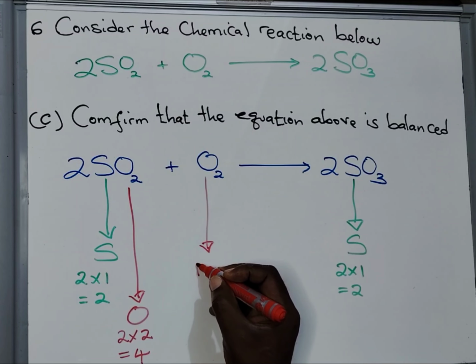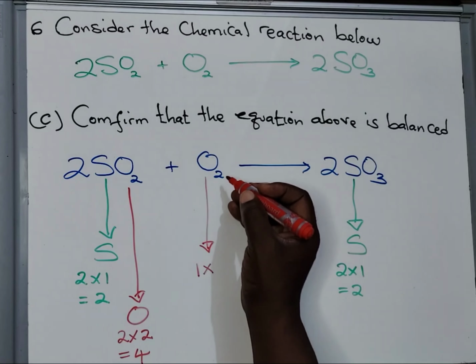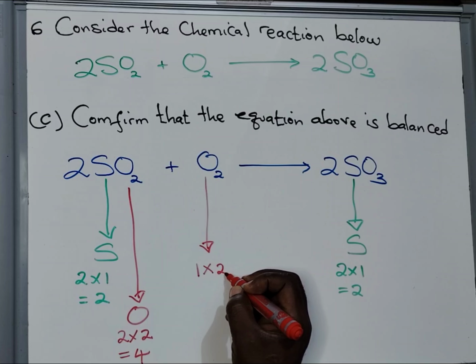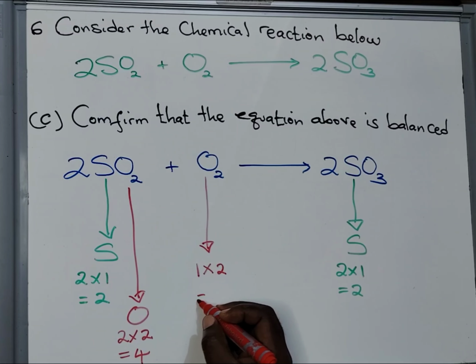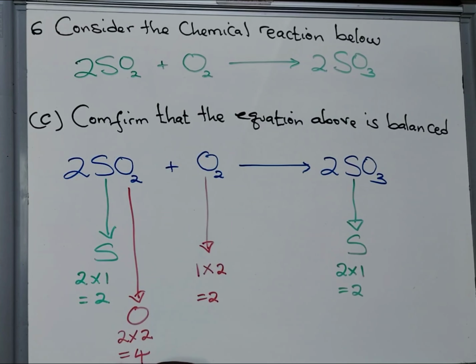So our coefficient is 1, but our subscript is 2. So 1 times 2 gives you 2. What does that mean? For all the reactant oxygen, we are having 4 plus 2, giving you 6. So we have 6 oxygen on the reactant side.